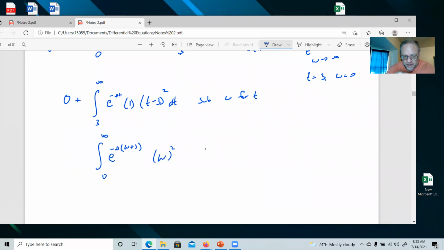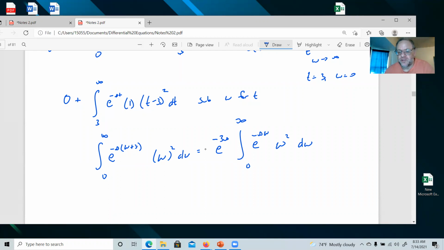W squared dw. So e to the negative 3s is a constant, because we're integrating with respect to w, not s. What remains is the integral from 0 to infinity of e to the negative sw times w squared dw.